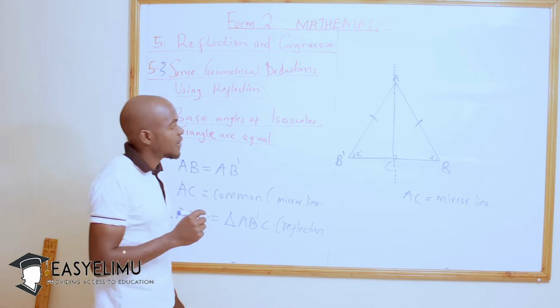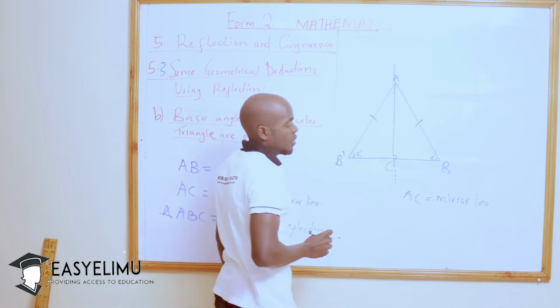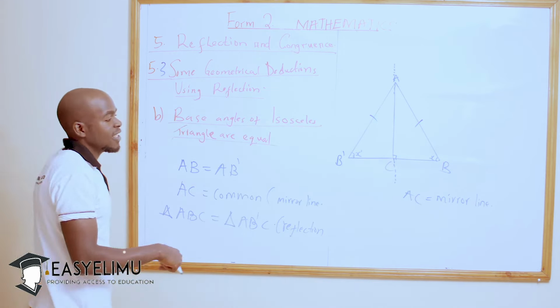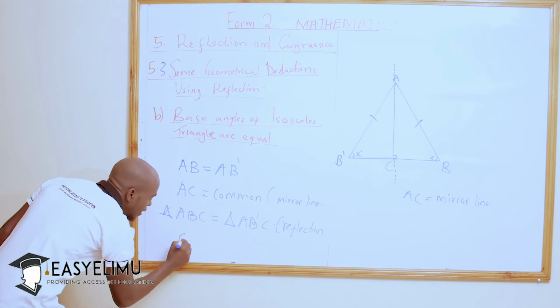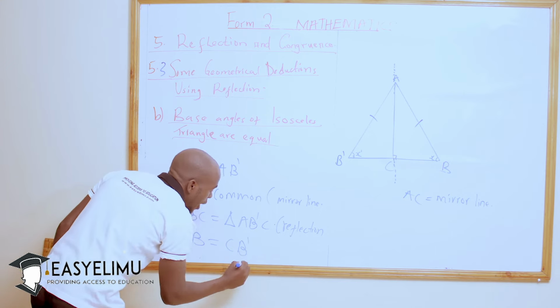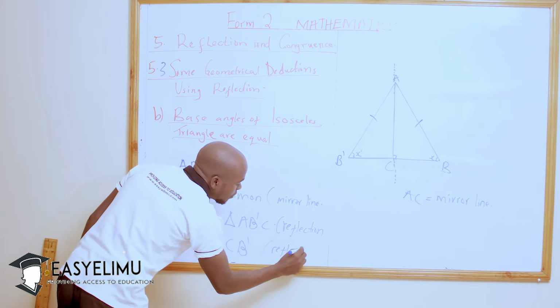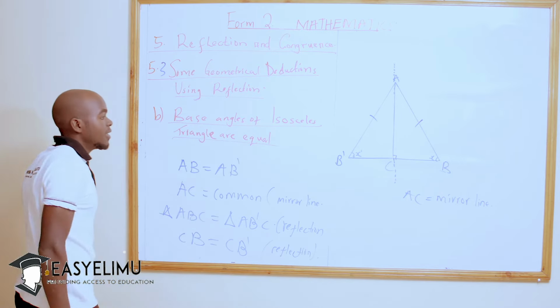And if we reflect line CB under the mirror line AC, you will find that CB will be equal to CB prime, and that is still by reflection.